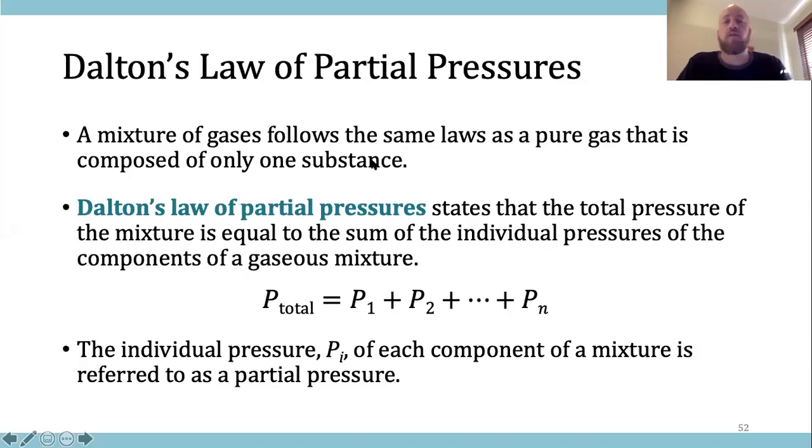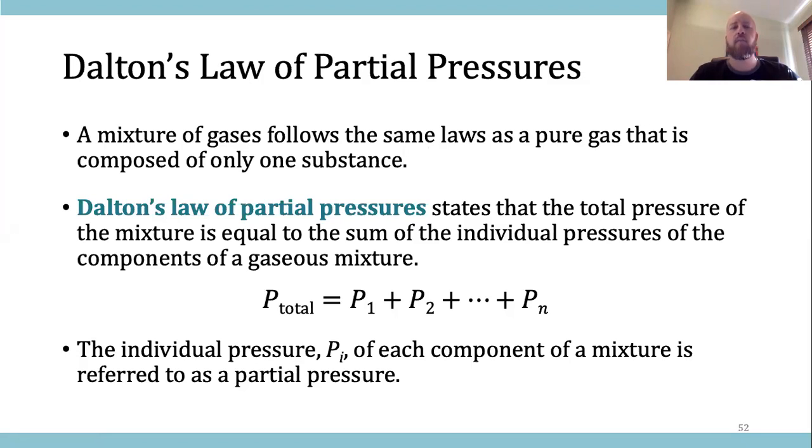Okay, so in this part of the lecture, we're going to deal with partial pressure. Everything up until this point has been dealing with a single gas, or treating the gas of a system as a whole thing.